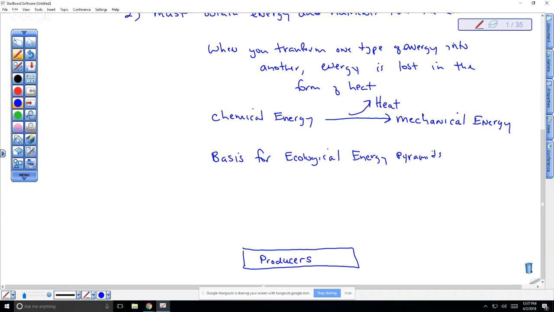What's an example of a producer in our ecosystem? Plants, right? So plants are able to produce biomass. This is the amount of energy in organic matter, so this would be like chemical energy. And they're able to produce organic molecules just using carbon dioxide and light, right? So they're considered to be the producers.